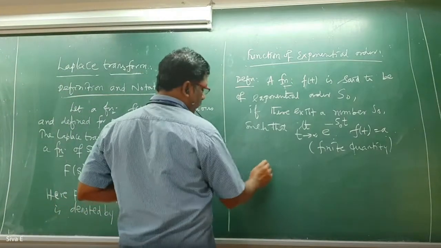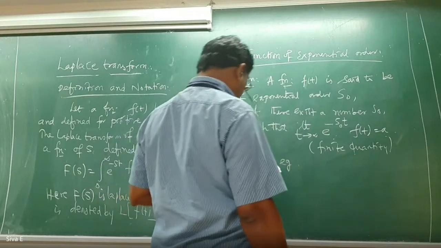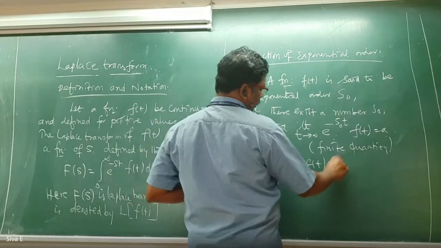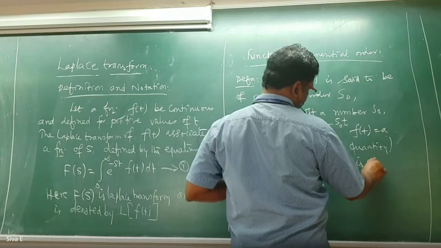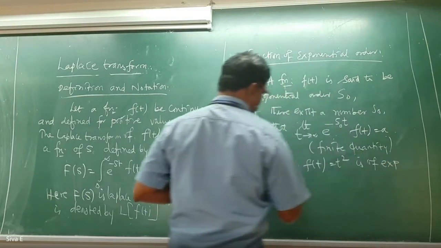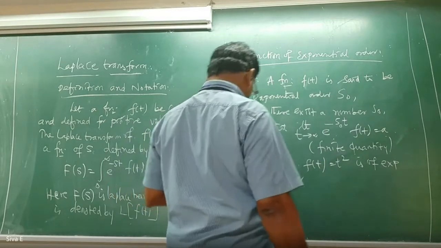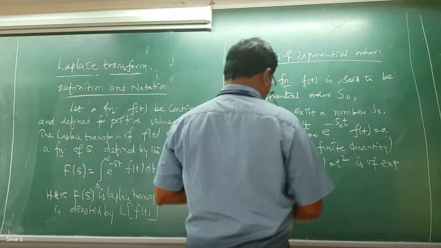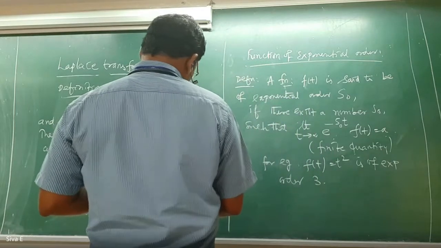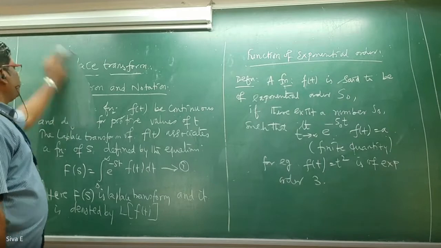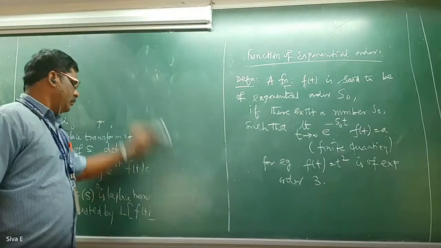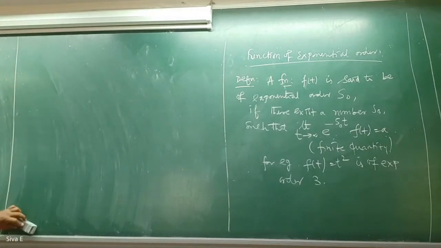For example, f of t equal to t square is of exponential order 3.